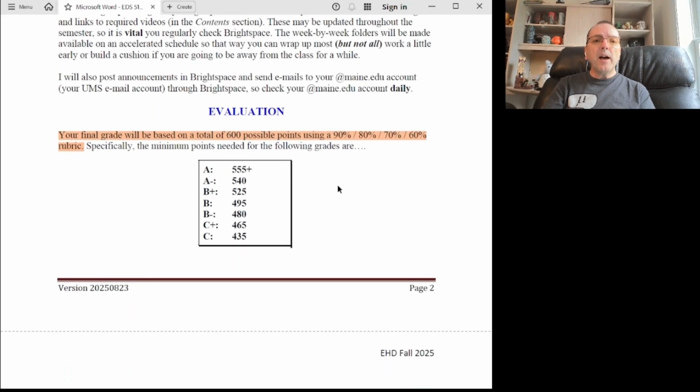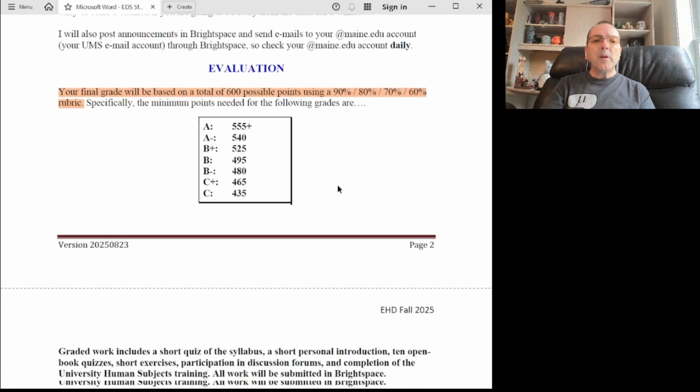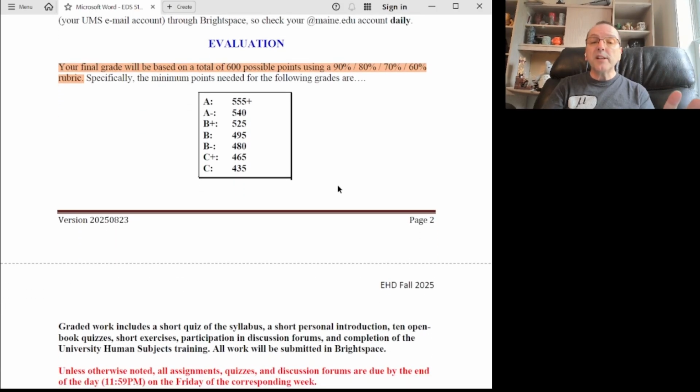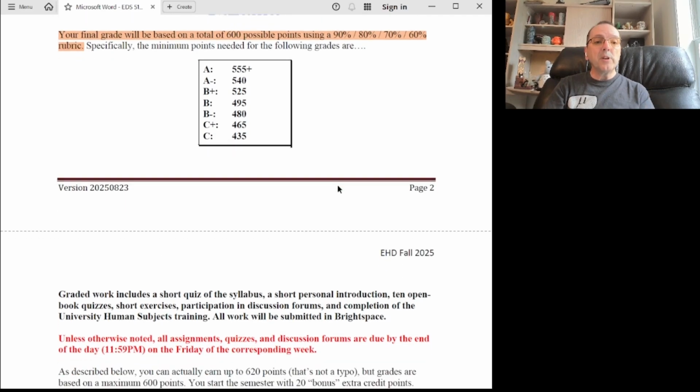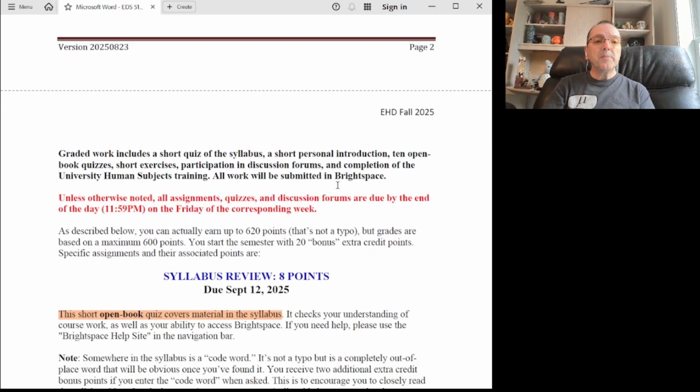Grades. Our grades are based on a total of 600 points with 90, 80, 70 cutoffs. I've got it all spelled out here so that you can see the minimum grades you need for different grades.